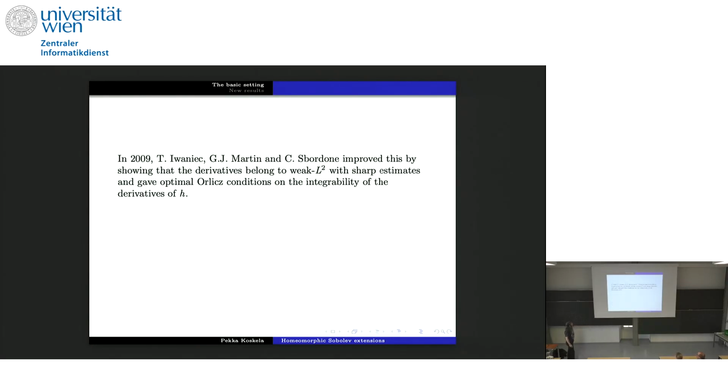And then a little bit later came the result in a paper by Daneri, Gavin, and Carlo, and they proved that you actually get L2, but weak L2. You cannot get L2, but you get good weak L2 estimates.